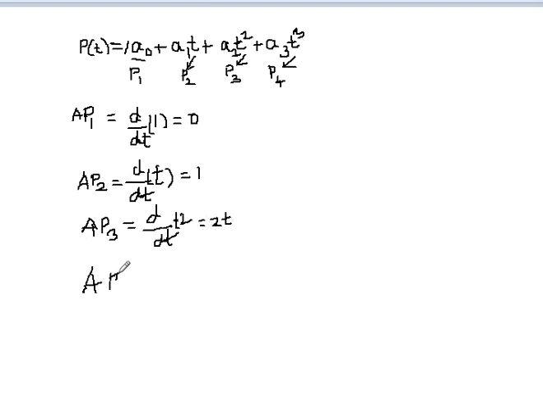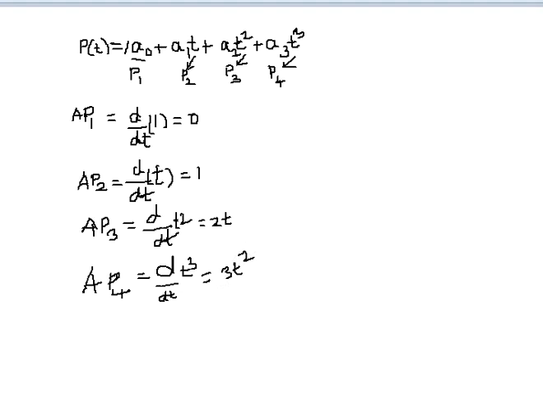We have differentiated all these p's, p1, p2, p3 and p4. A p4 is d by dt of t cubed, and differentiation of this will give 3t square.